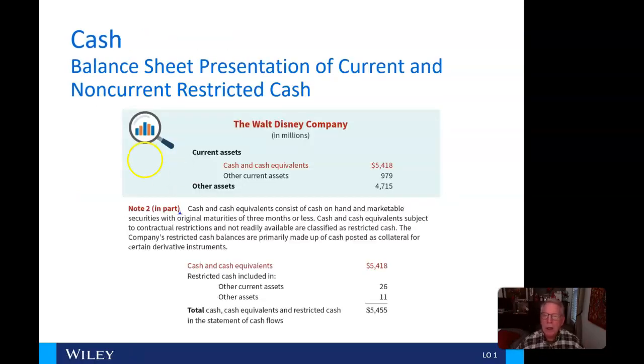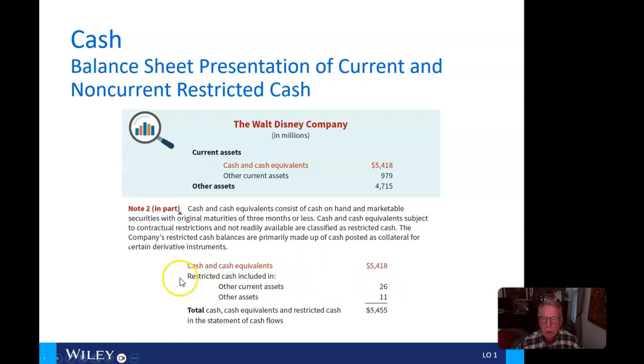Now, here is the Walt Disney Company and how they've presented their cash and cash equivalents, other current assets, and their other assets in total here. Now, they have a note to show how they came up with the restrictions here.